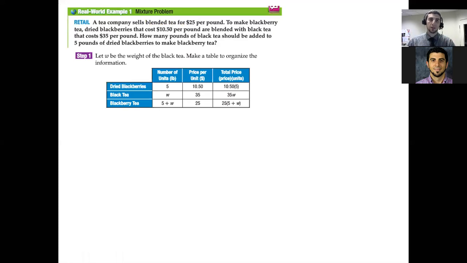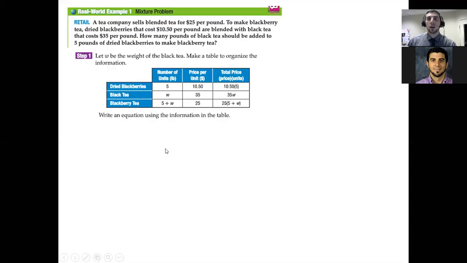We do know the price, it's $25 per pound. And so the total price would be 25 times the quantity 5 plus W. Remember, you've got to put the parentheses in there. If you just have 25 times 5 plus W, it's going to look like you're just supposed to multiply the 25 and the 5. So that's the first step.